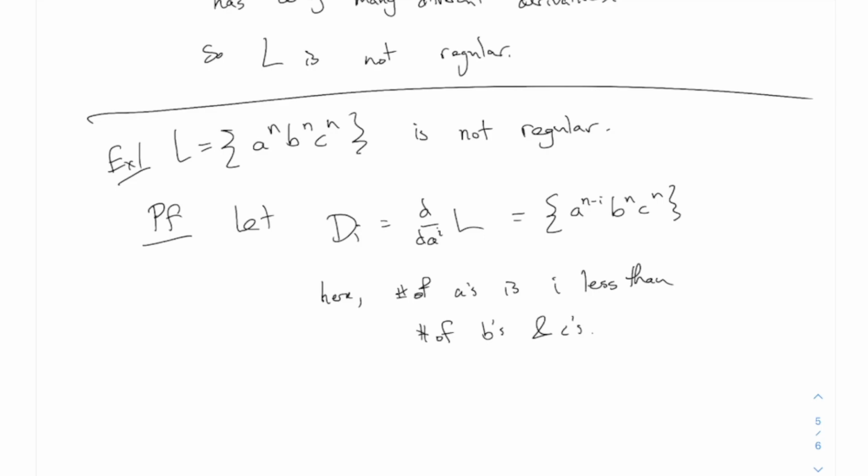And if you use a different i, you're going to get a different set there. So the d_i are all different. So L is not regular.